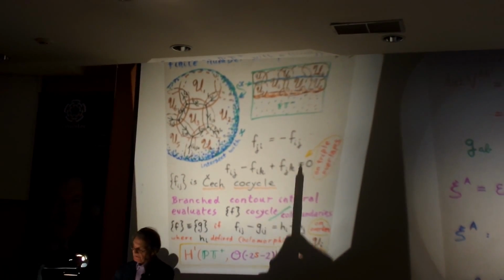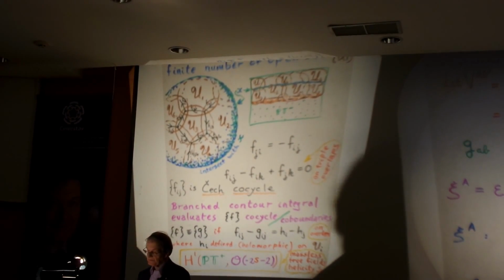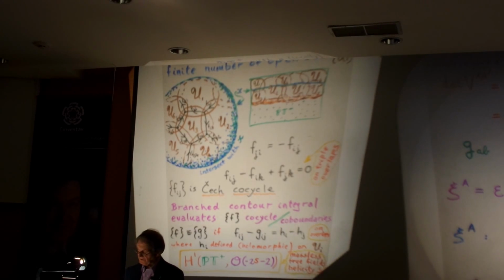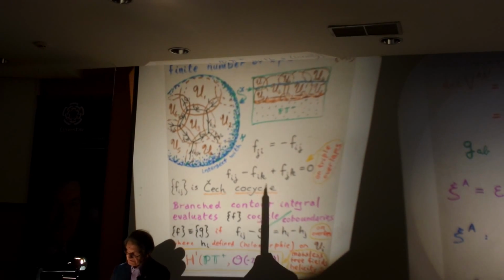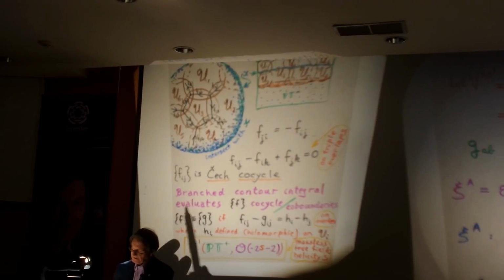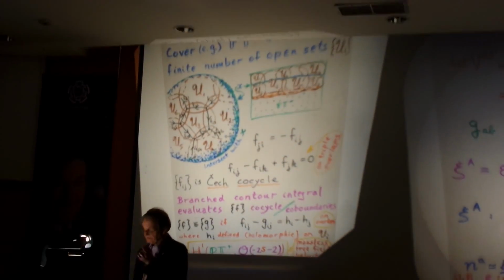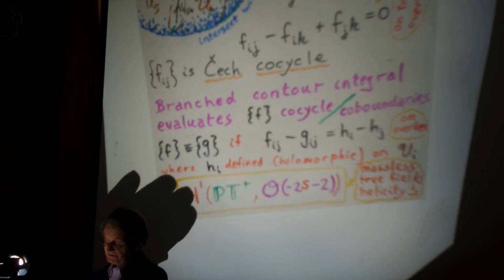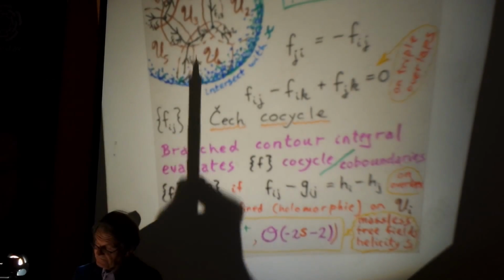because that means that if you move this point around within the triple intersection, it shouldn't change the answer, and that is the case if the cycle rule holds. This then forms a Čech cocycle, and you find that there are certain things that will give you zero if the Fij's are sums of functions which you define in one set or the other. So if your Fij was a sum of the function on here and the function on there, or a difference, these H's, then it would give you zero.